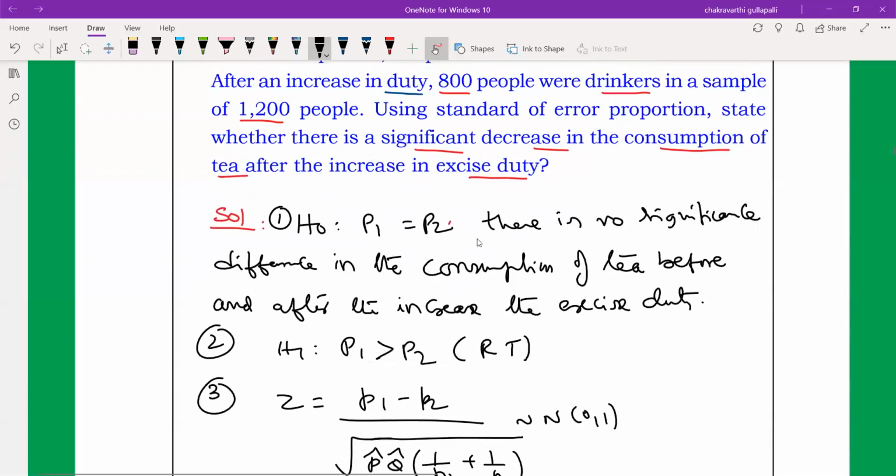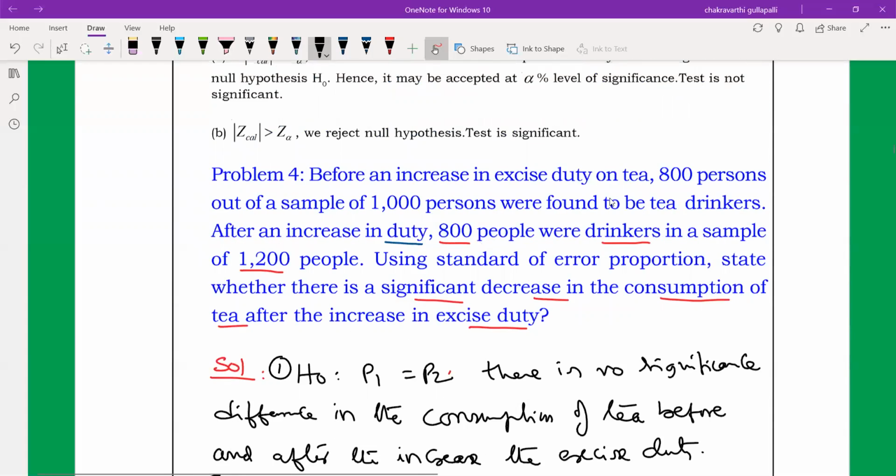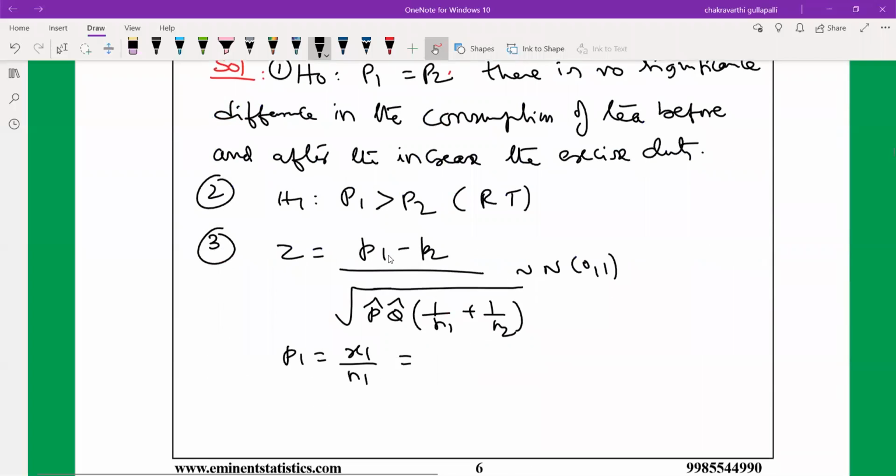How many are tea drinkers before excise duty? 800 out of 1000. X1 is the number of tea drinkers, 800. This is 0.80.